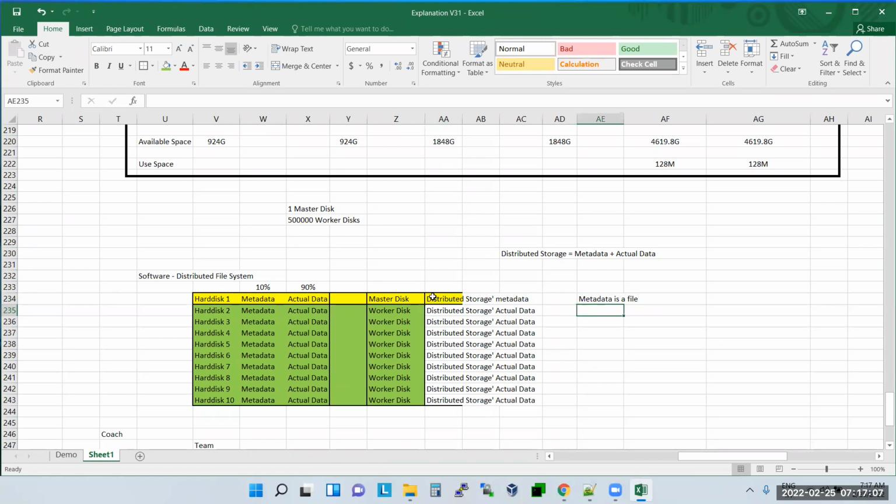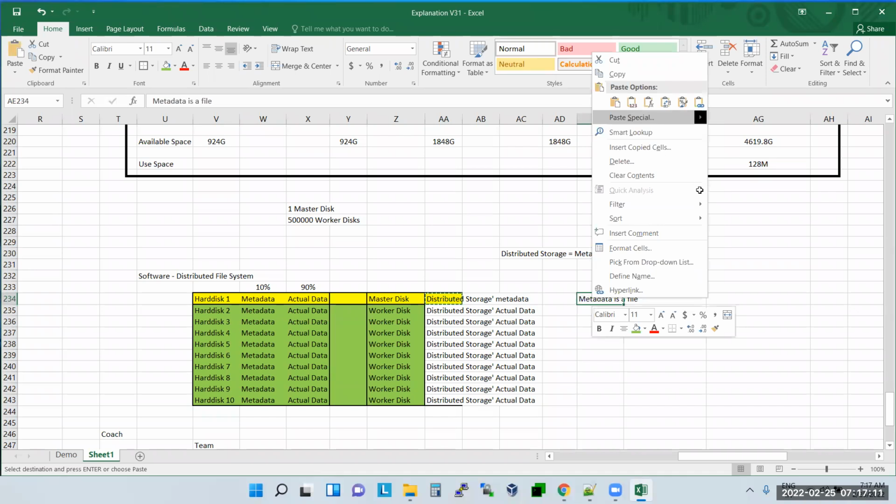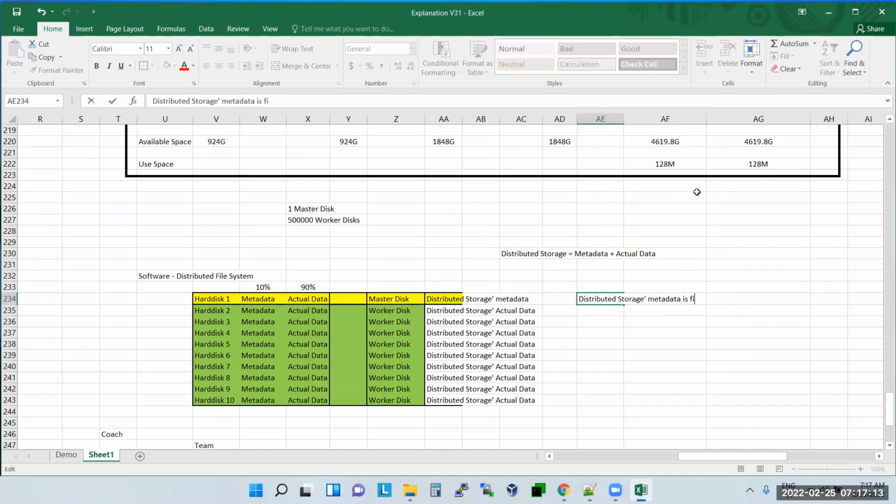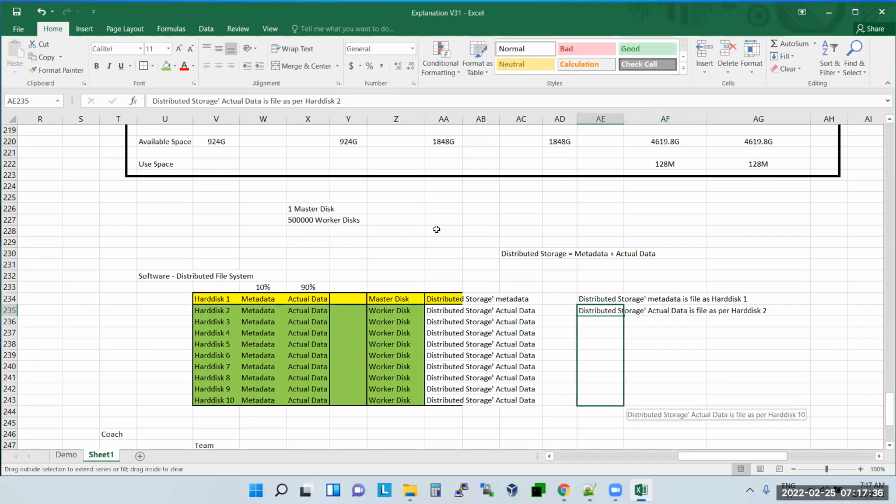So here the distributed storage metadata is just a file as per hard disk one, and in the same way the distributed storage actual data is just a file as per the hard disk. Understood?